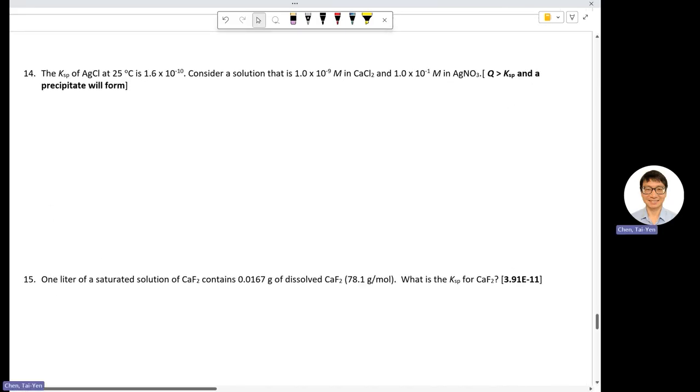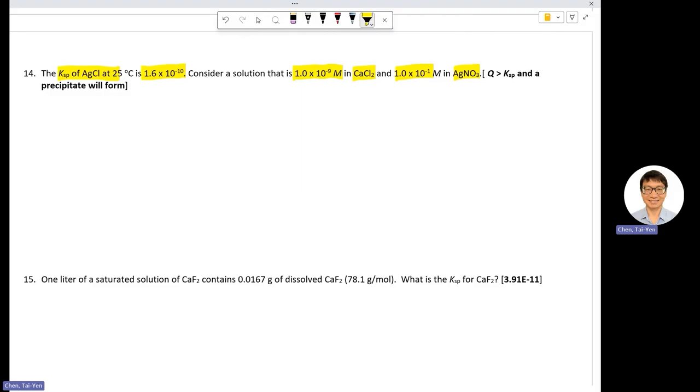Okay, question number 14. Okay, let's read through this one. Okay, the Ksp of AgCl is this value. Consider a solution with a certain concentration of CaCl2 and a certain concentration of AgNO3. Okay, so again, this is a very standard question you're going to encounter, right?